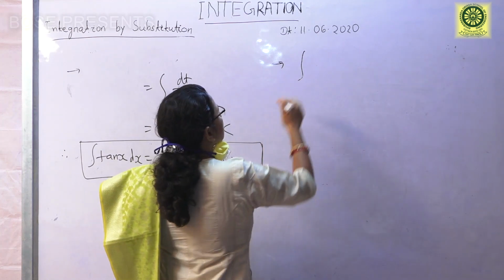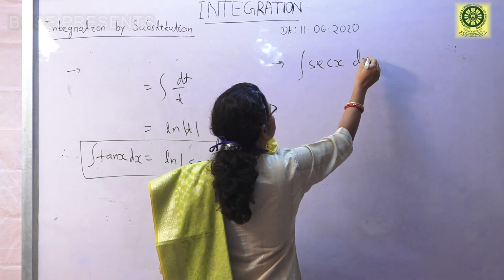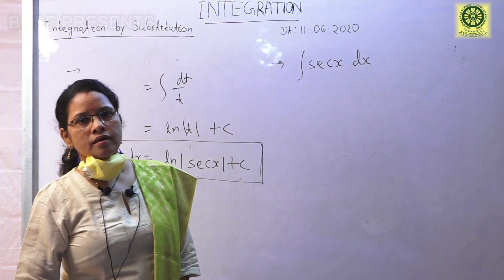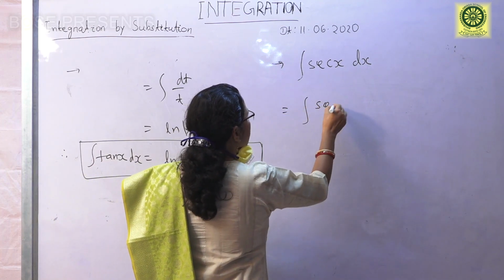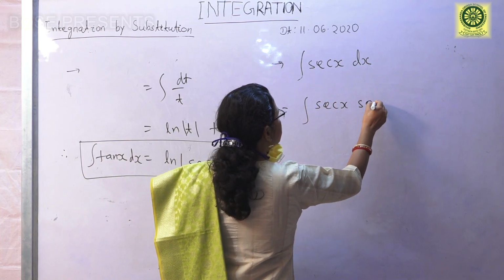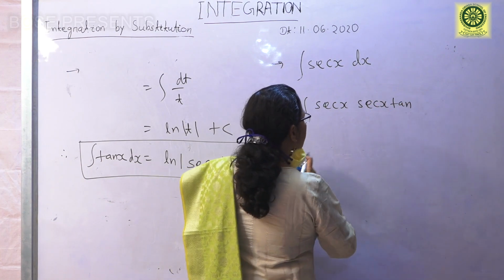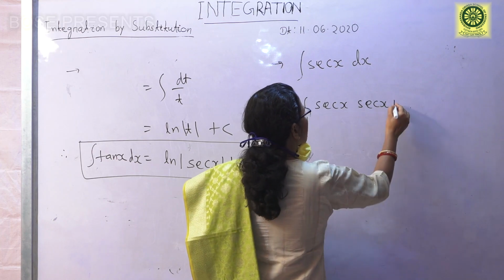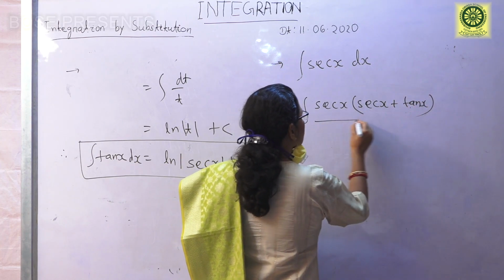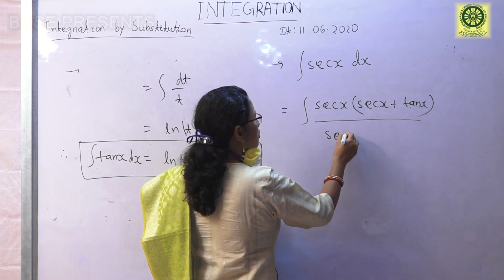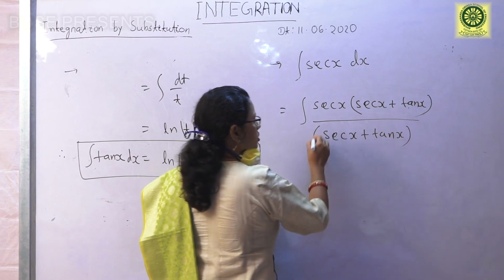Now the next one is the integral of sec x with respect to x. To integrate this, just multiply by sec x plus tan x in the numerator and also in the denominator.